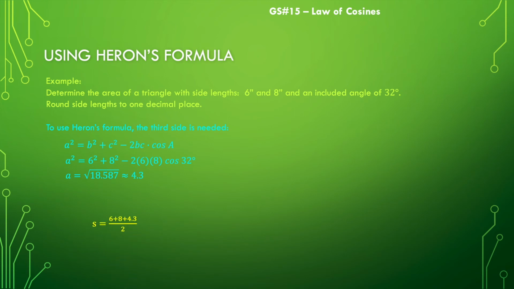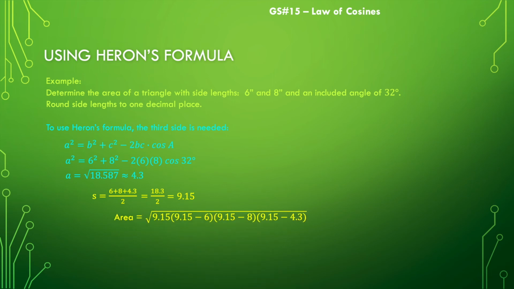Knowing that, we can go ahead and solve for s. s will equal the side lengths added, 6 plus 8 plus 4.3, divided by 2. We end up with a semi-perimeter of 18.3 divided by 2, also known as 9.15. Then we can substitute our s, a, b, and c into Heron's formula.